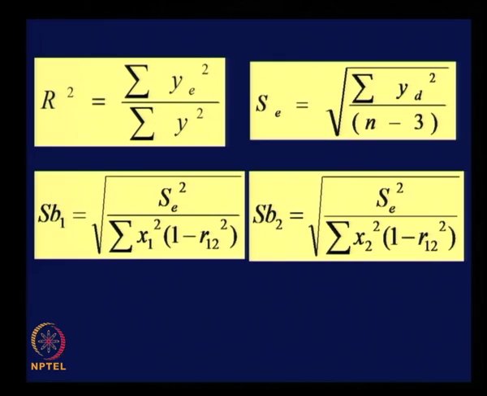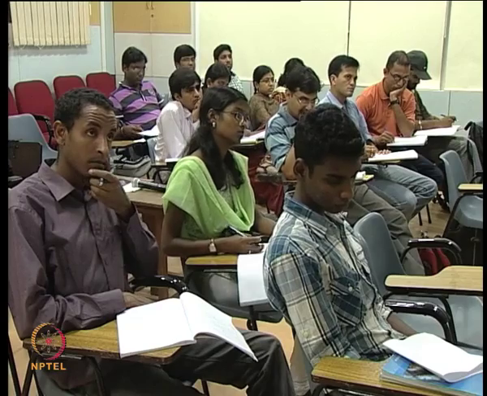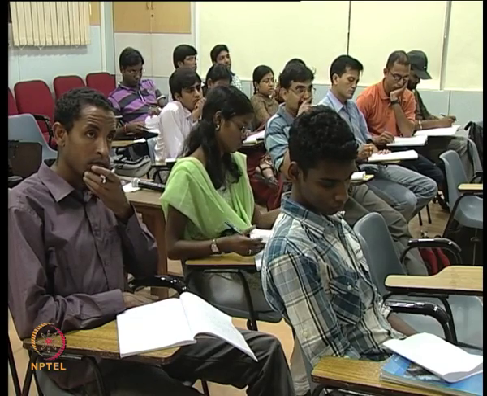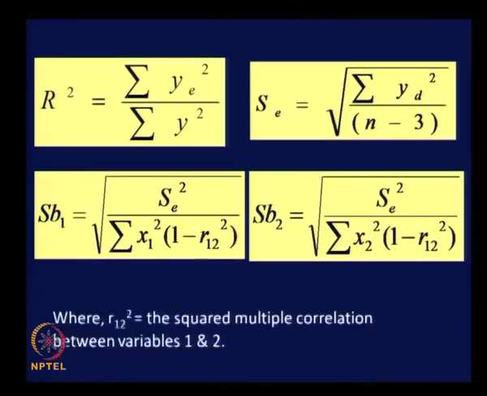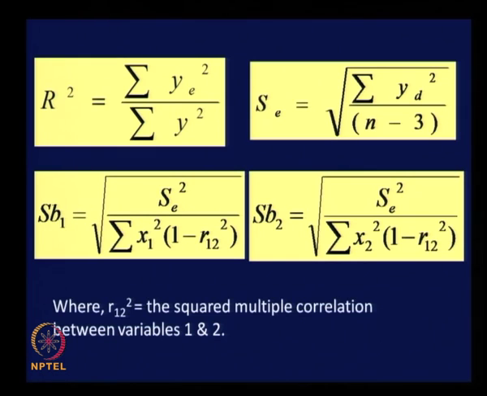What is R12 here? Any idea? R12 is nothing but a correlation coefficient, where R12 square is a squared multiple correlation between variables 1 and 2.